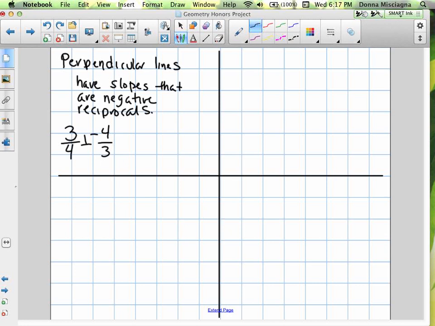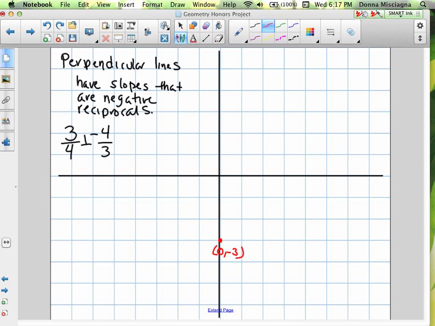All right, and since you're writing it in slope-intercept form, you can pick the y-intercept. So I think I'll use this y-intercept right here. That's the point (0, -3). And I guess that'll be for the line that's going to have a slope of 3/4.